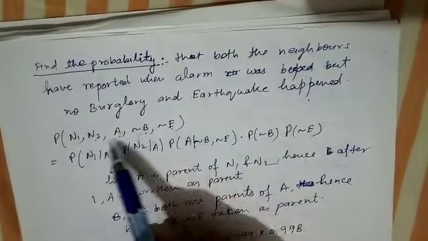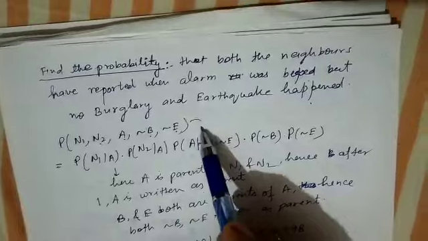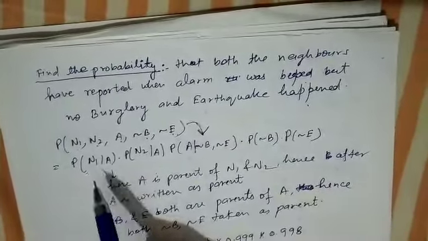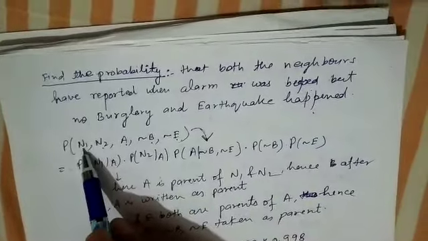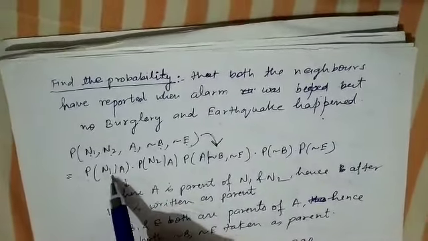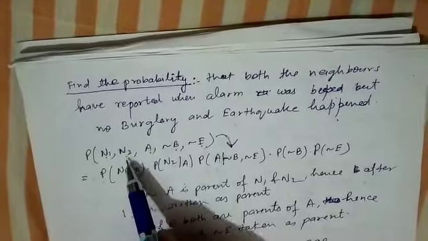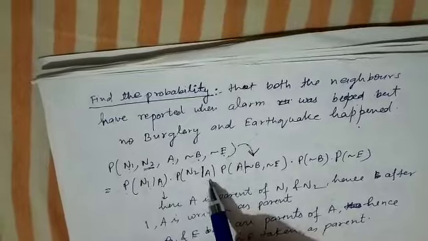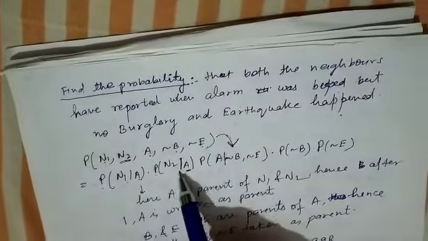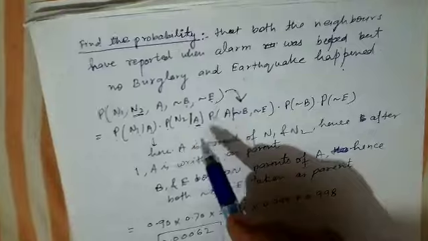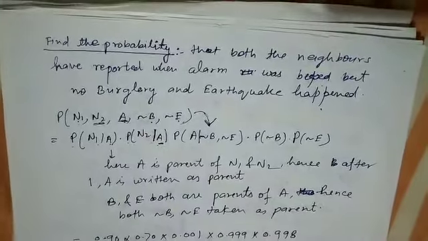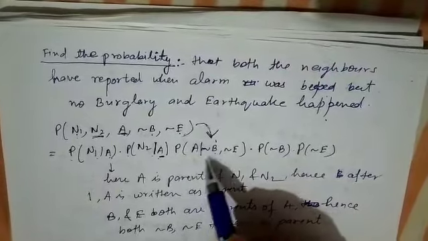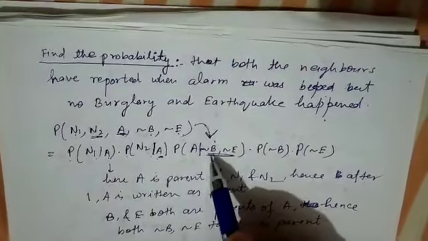So how will this be calculated? This gets reduced by the Bayesian network, where there are very few parameters. Since the parent of N1 is only A, we have probability of N1 given A. The parent of N2 is only A, so the conditional probability has only A: probability of N2 given A. For alarm, since there are two parents, B and E, there will be two parameters in the condition.